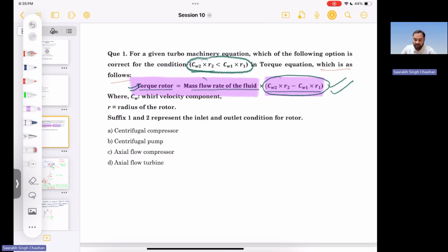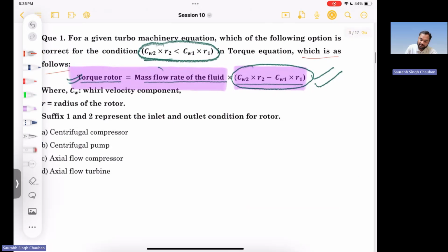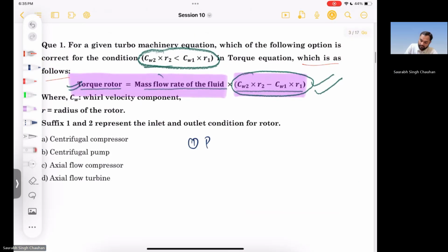Now there are two types of machine. One is power consuming machines and another one is power producing machines, right? That we have already discussed many times.